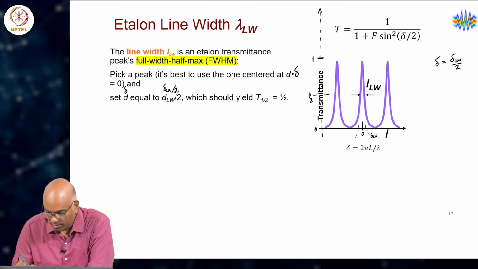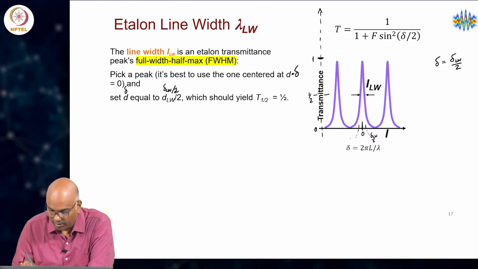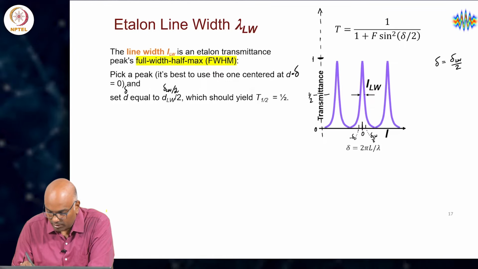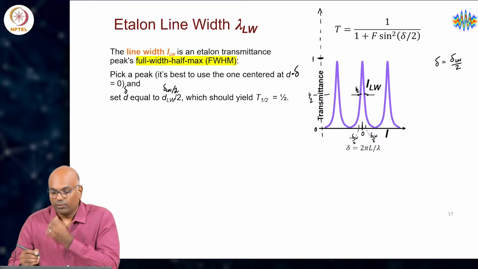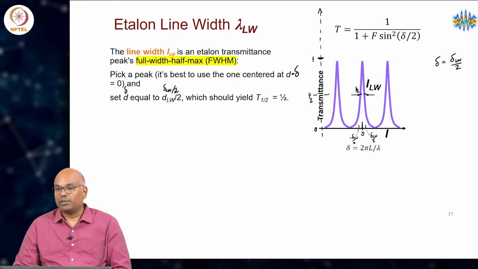Delta LW by 2 away from the 0, the value of the transmittance was reduced to half from the maximum.